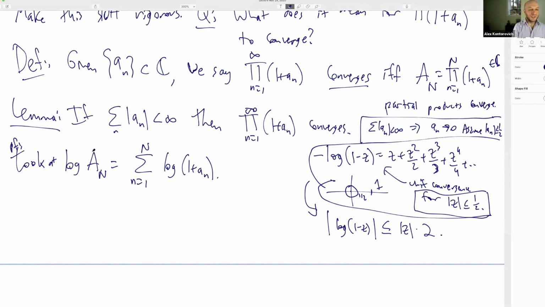So for these ANs, the sum of the absolute values of log of 1 plus AN is bounded by 2 times the sum of the ANs themselves. And by assumption, that converges.